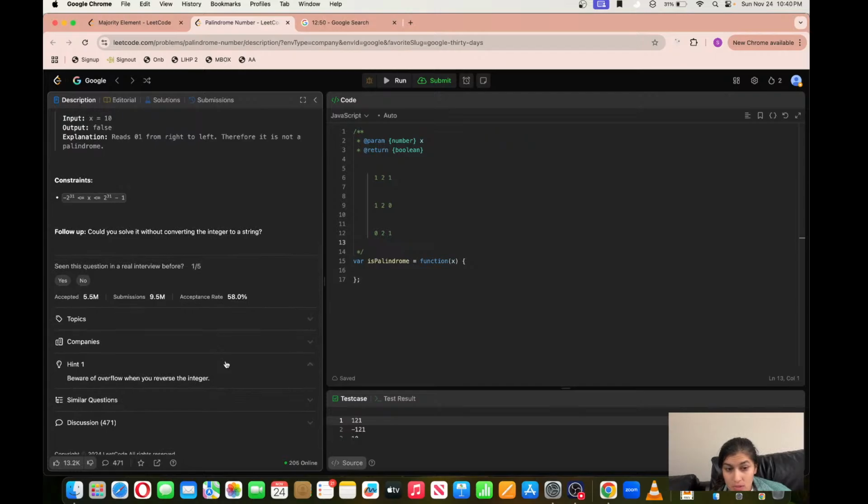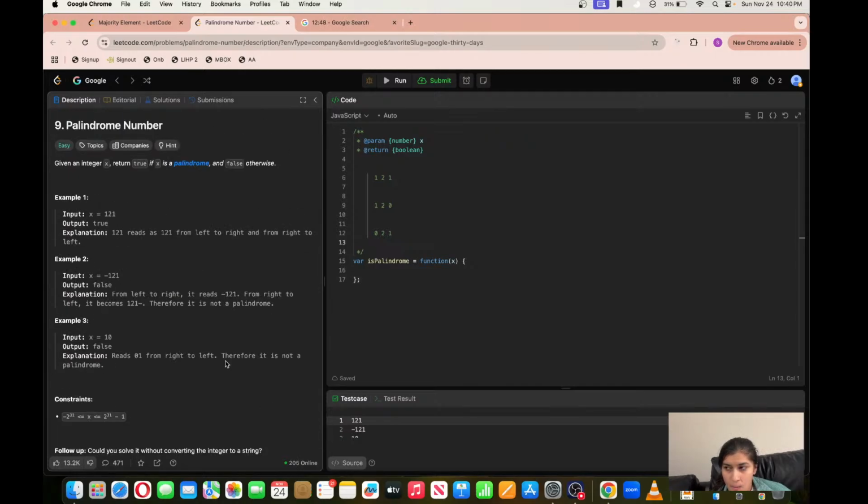Beware of overflow when you reverse the integer. So what kind of overflow can happen when I reverse the integer? Reversing the integer should be simple, right? If it is 546, then the ones become hundreds and the hundreds become ones, so it will be 645.